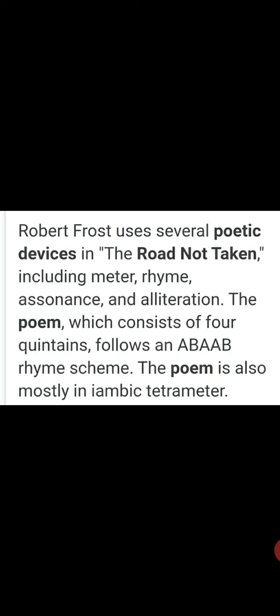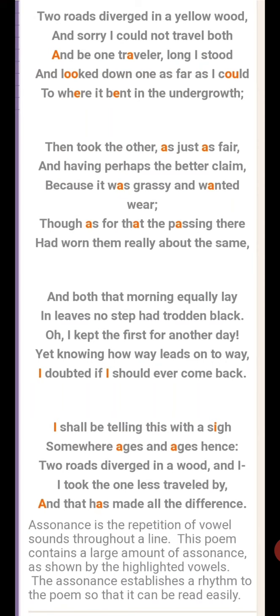Okay? At first, we can see assonance in the first line of the poem, emphasizing the O sound in road and yellow. See, two roads diverged in a yellow wood. The sound O is repeated in roads and yellow.